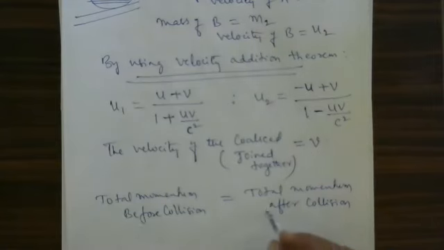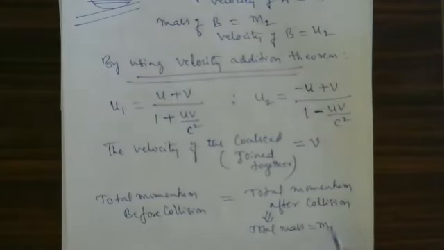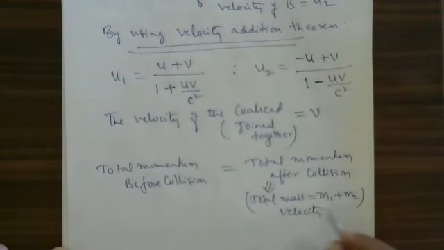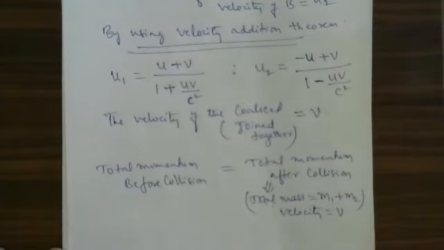Don't forget, after collision the total mass is equal to M1 plus M2. They join together now, and the velocity of that one is V. After joining, the total mass of the body is M1 plus M2.